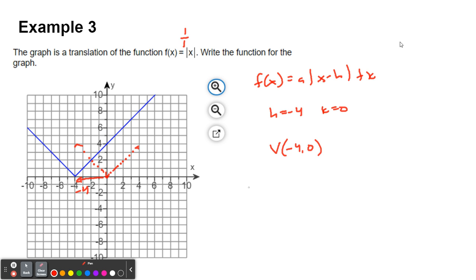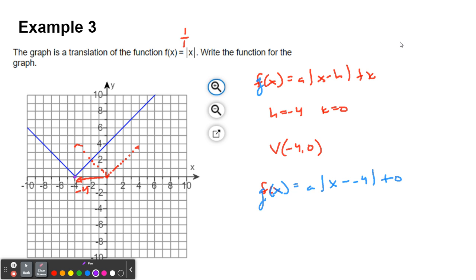So you can plug that in. We should really call this g of x. I'm sorry. So g of x equals, I don't know my a value, the absolute value of x minus negative 4, close the absolute value, and then plus 0. Now to find the a value, remember the a value is just the slope.